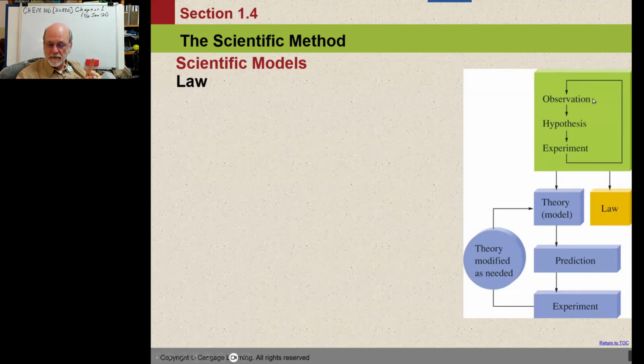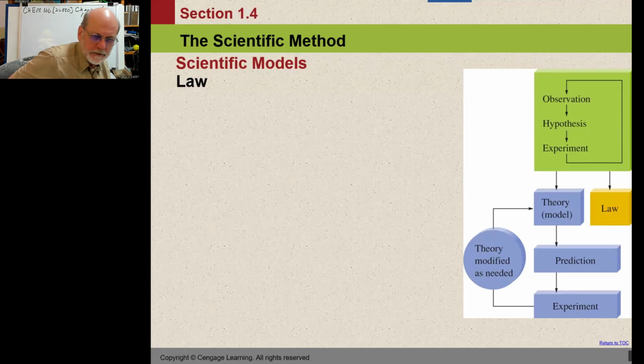And once you observe something, your curiosity says, how is that happening? Or why does it happen? And you develop your hypothesis and perform an experiment. And then the results of your experiment tell you that you might need more observations, and you may need to modify your hypothesis. So that goes around and around and around.